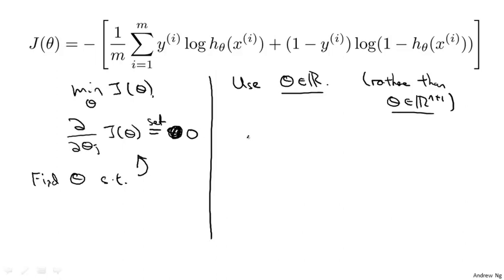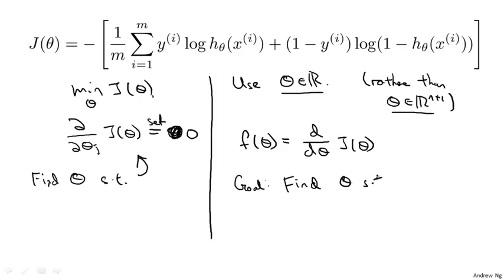Concretely, I'd like to define f of theta to be the derivative of J of theta with respect to the parameter theta. Our goal is to come up with an algorithm so that we can find theta such that f of theta is equal to 0. Because f of theta is defined as the derivative, if we find the point where it's equal to 0, we've found a place where J of theta has 0 derivative, and hopefully that will correspond to the minimum of J of theta.